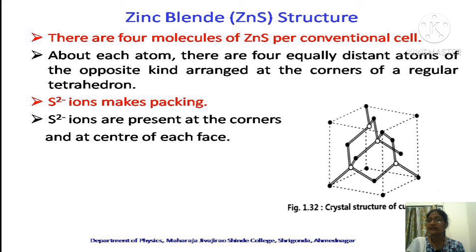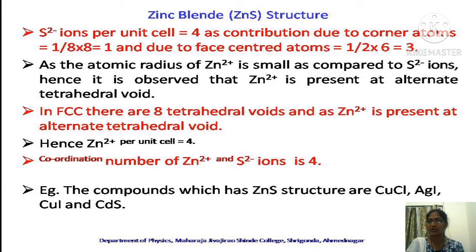S2- ions are making the packing, and S2- ions are present at the corners and at the face-centered positions. So the number of S2- ions per unit cell is calculated by considering their contribution due to corner atoms and face-centered atoms, and it comes out as 1 plus 3, which is equal to 4.